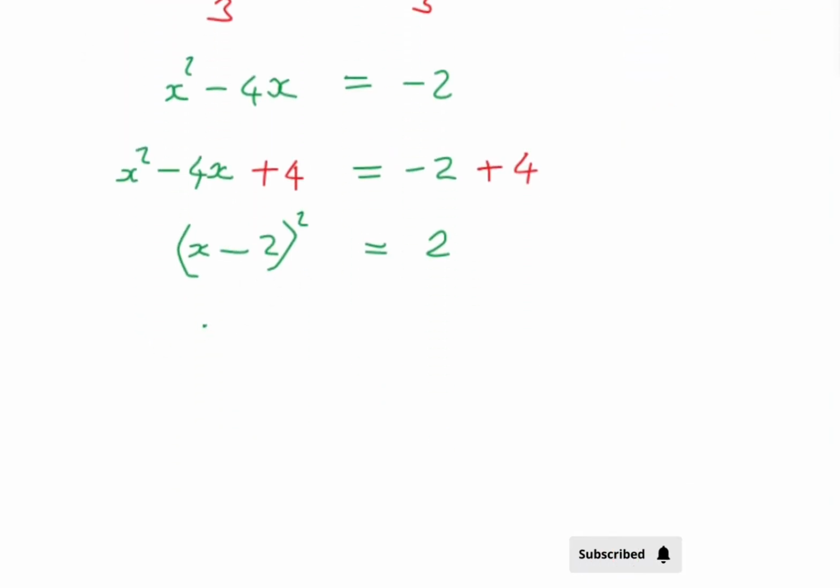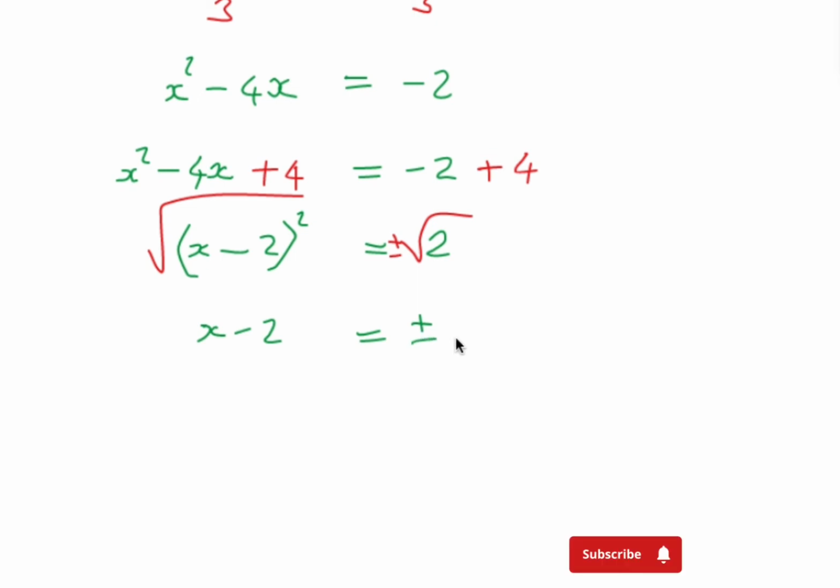To remove the square, we have to take square root both sides, and here plus and minus also. So x minus 2 equal plus minus square root 2, and for finding x values we have to add 2 both sides.